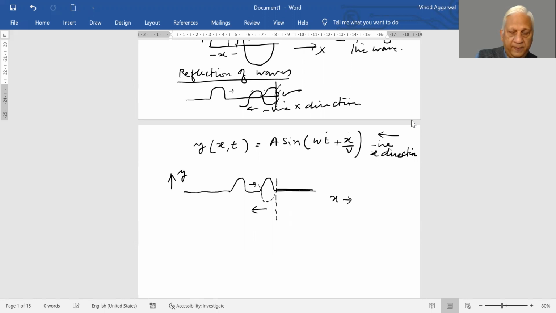This is y. And part of it doesn't reflect and just proceeds further. And it keeps going like this. This is when this portion is thin string, and from here onwards it is thick.